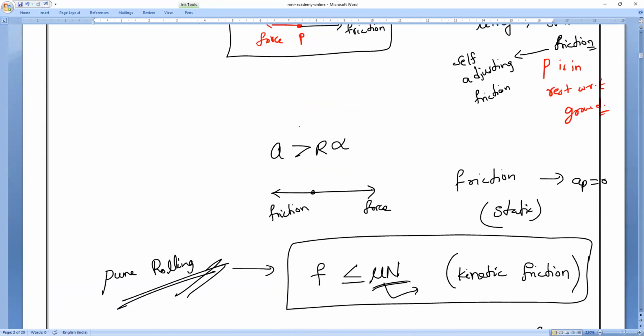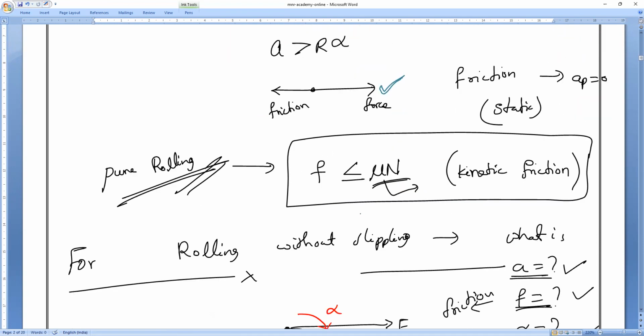If A is greater than R alpha, then in reverse, friction will be backward and the force will be forward. So the first two cases are over; we will study this one later. Now for pure rolling, the condition required is always that the kinetic friction must be less than or equal to mu N.